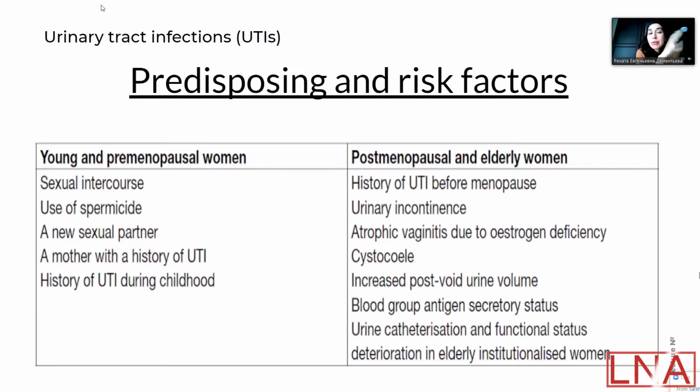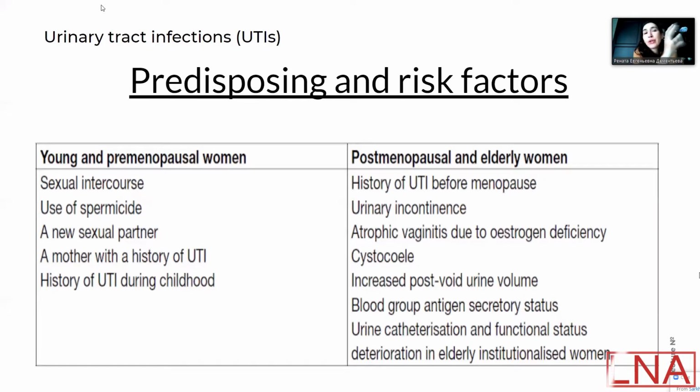For young and premenopausal women: sexual intercourse, use of spermicides during sexual contact, a new sexual partner, and sometimes the first episode of pyelonephritis in young women associated with the first sexual contact, a mother with a history of urinary tract infection, and history of urinary tract infection during childhood.